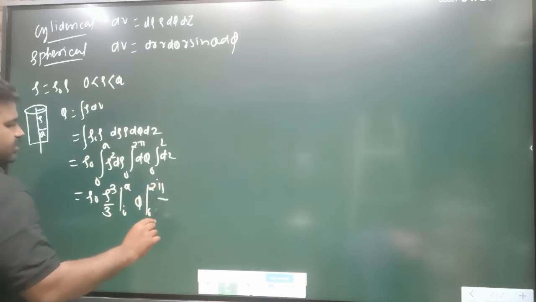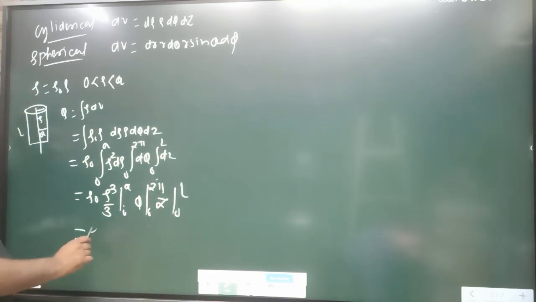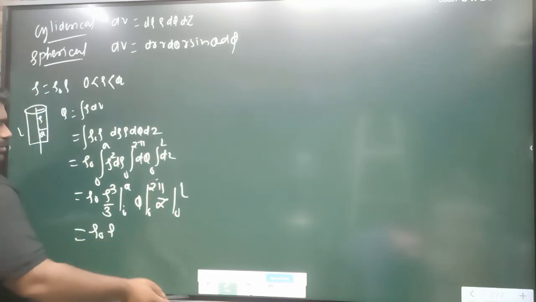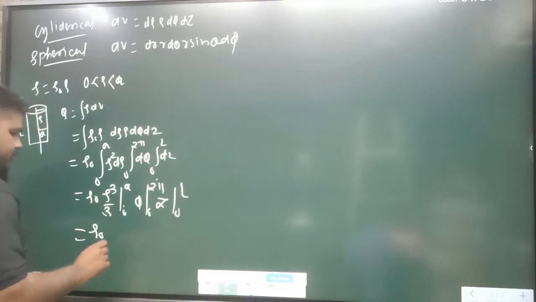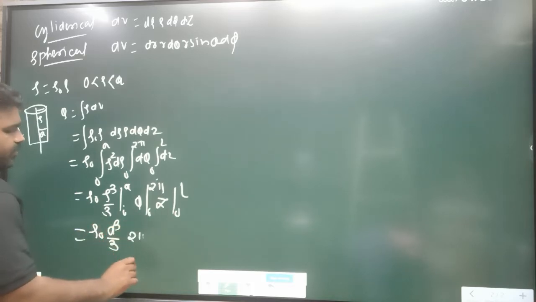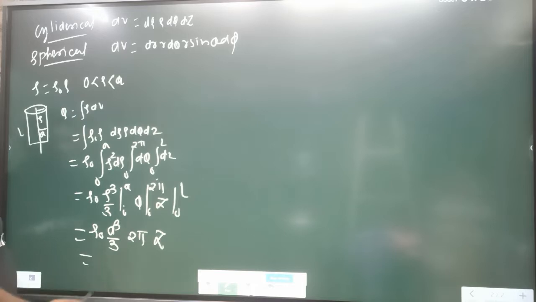And dz integration gives z, limit 0 to L. Substitute one by one value. Rho naught a cube by 3, second one 2 pi, third one simply L.